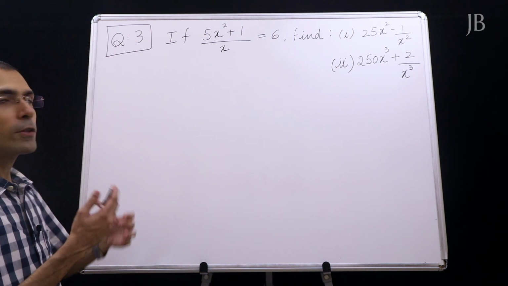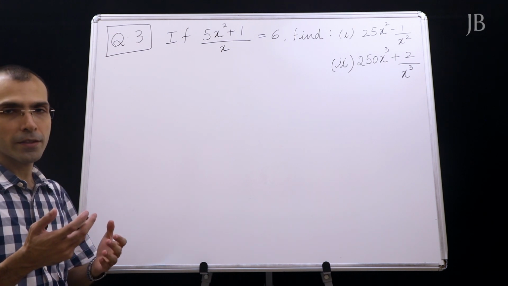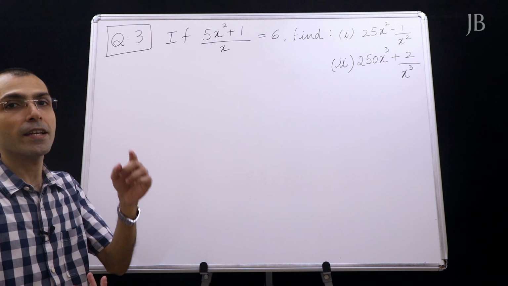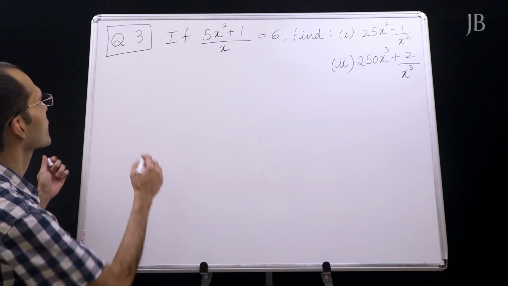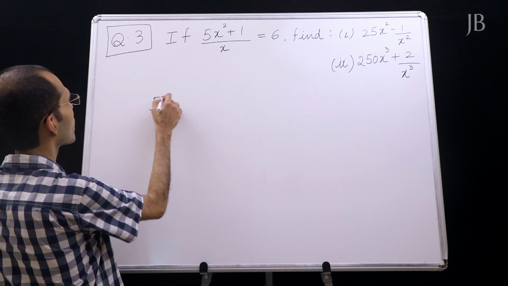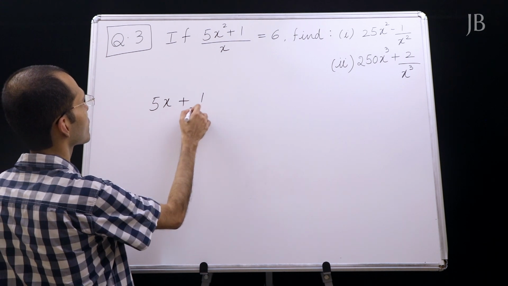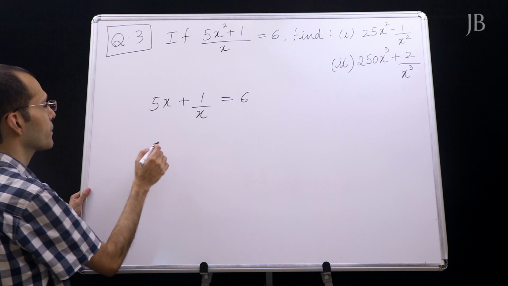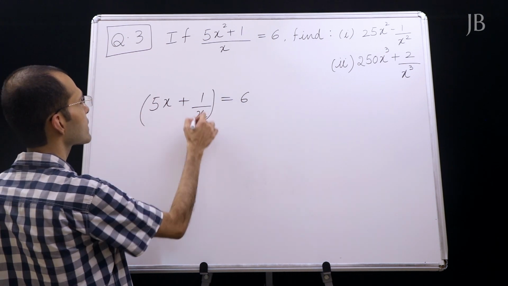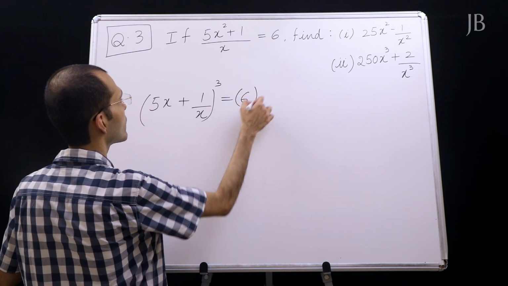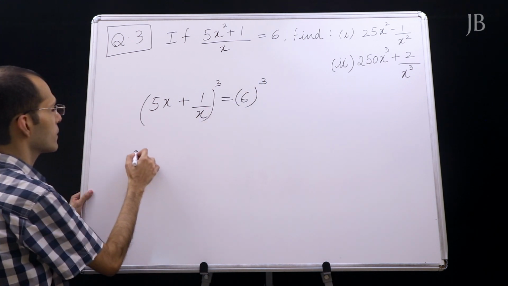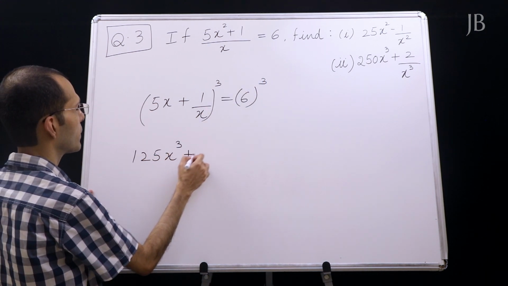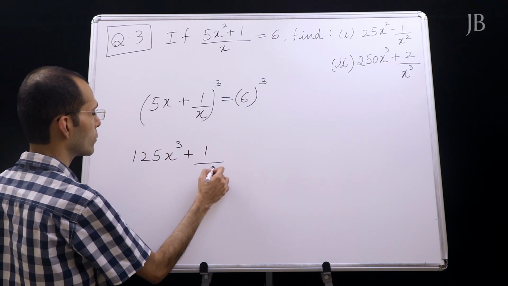Now to find 125x cube plus 1 upon x cube, which is the base term required? 5x plus 1 upon x, which we already had in the beginning. So 5x plus 1 upon x was 6, you know, in the beginning if you recall. Now we will cube both the sides. This will be 125x cube plus 1 upon x cube.